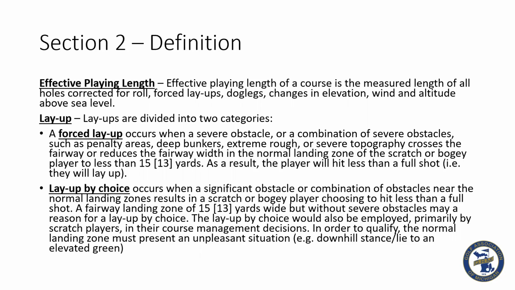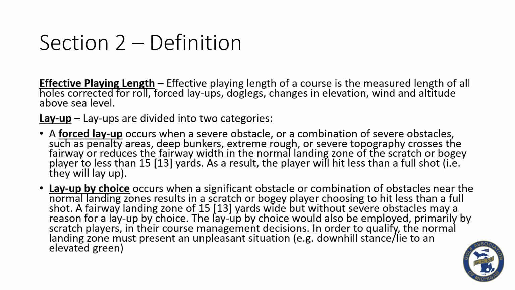The other thing, when we get to the actual layup section and talk about putting it on the Form 1. For those of you that don't know, a Form 1 is the sheet that we fill out, and that gets put into the computer at the end of the day. On that Form 1, for a forced layup, we're going to put a yardage number in there.